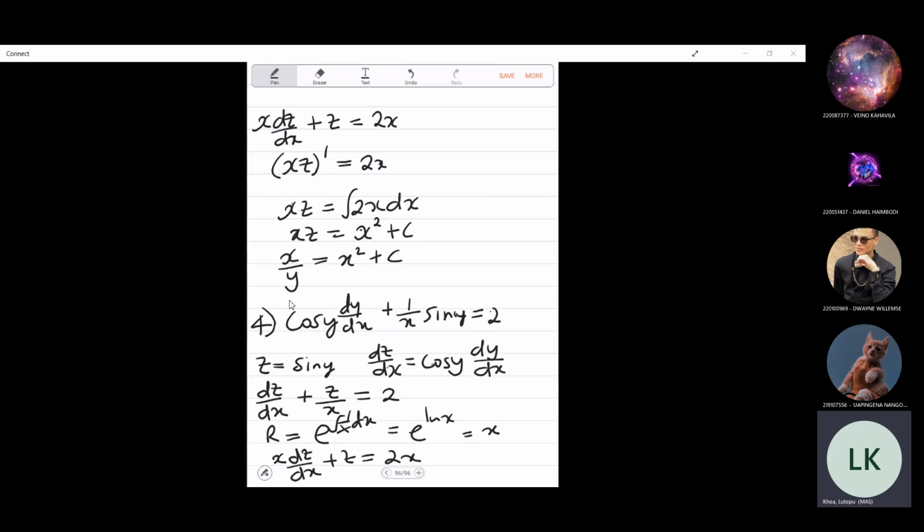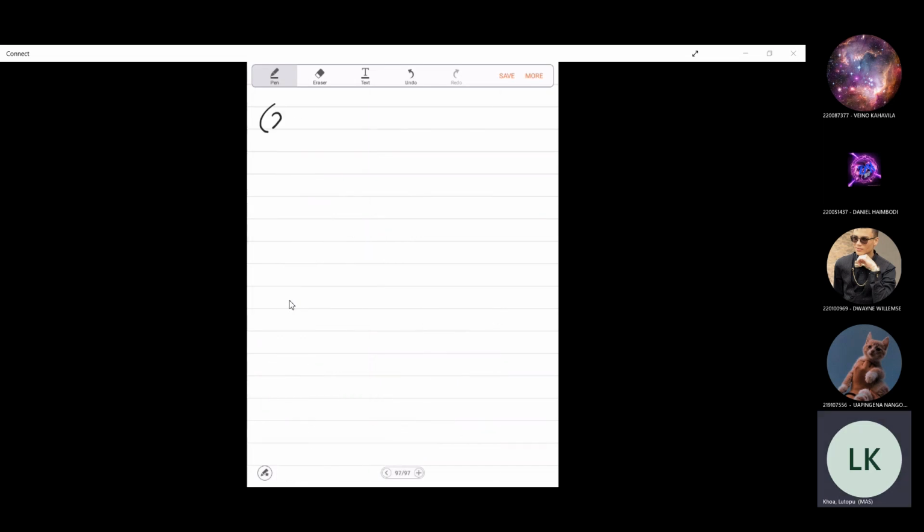And then on the left hand side, you can compress that using the product rule. So we have x times z'. This is equal to 2x. And then to get rid of the prime, we integrate. So xz is equal to the integral of 2x dx. xz is equal to x squared plus c.